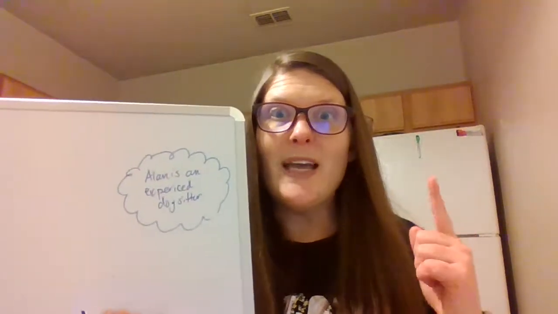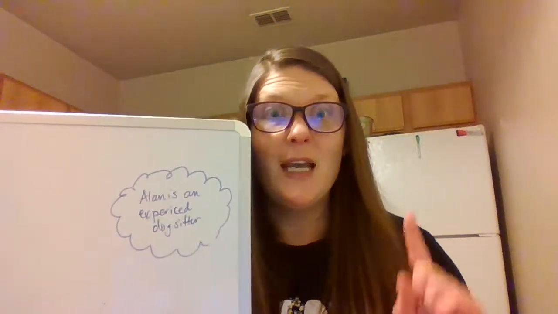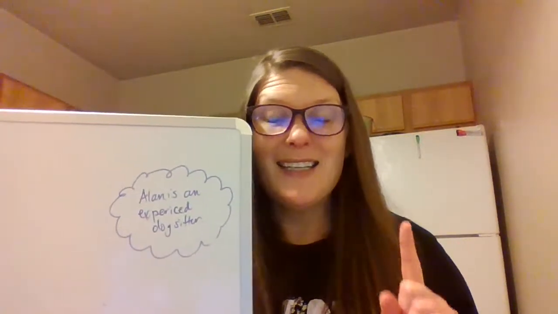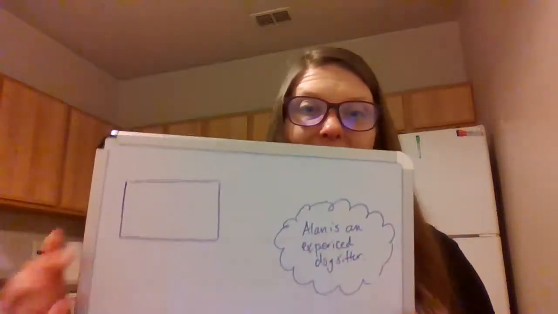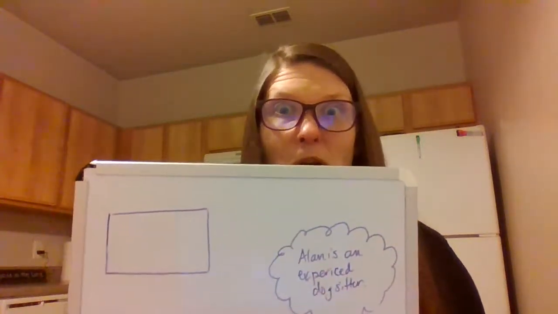But what clues from the text made me think he was good and experienced at being a dog sitter? Well, I'm going to draw a box. I'm going to make sure it's big enough. And when I draw a box, I like to think anything that's going to go in the box comes straight from the book.